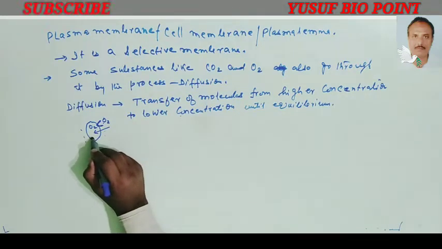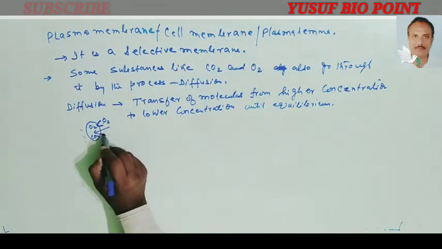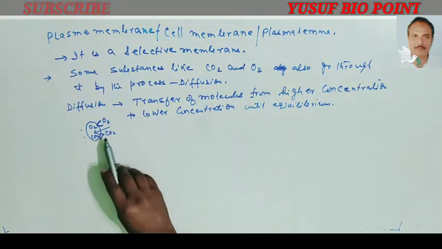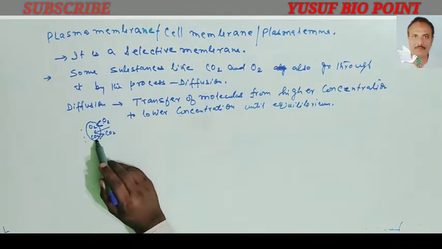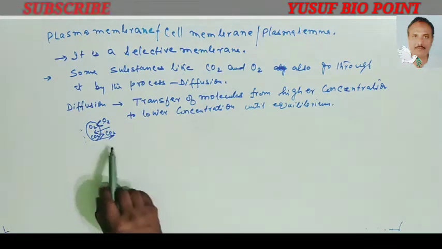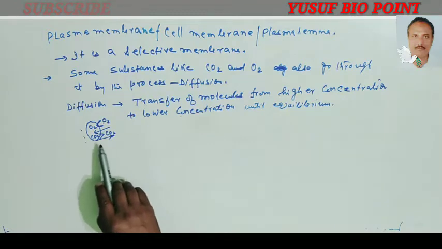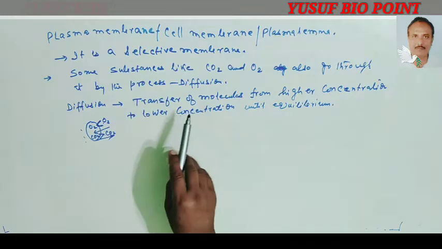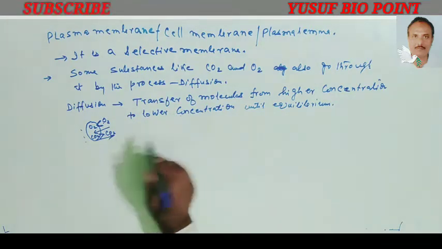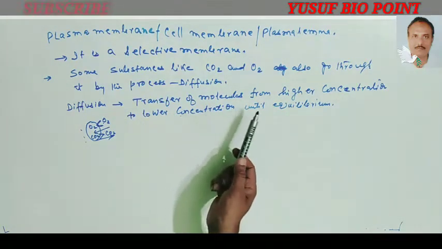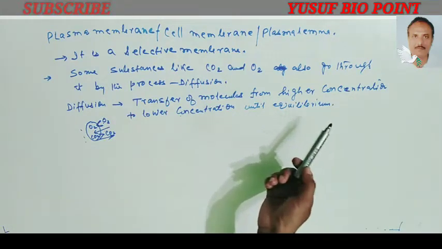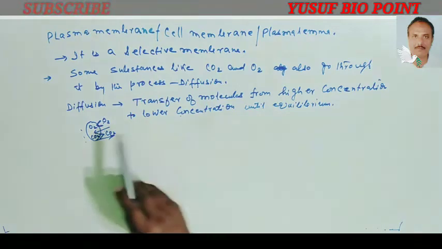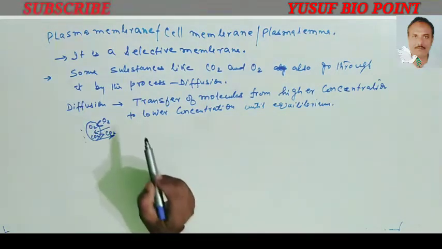Similarly, in case of CO2, if the CO2 concentration is greater than the atmospheric concentration, then CO2 will enter. Thus, exchange of gases takes place through the cells by the process of diffusion. So we can say that transfer of molecules from high concentration to low concentration until the equilibrium is called diffusion.